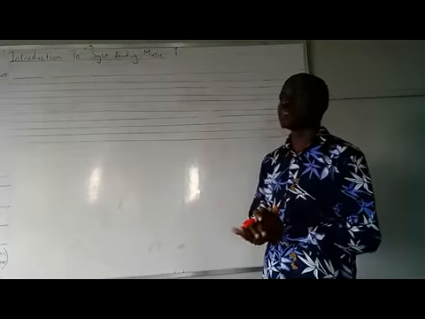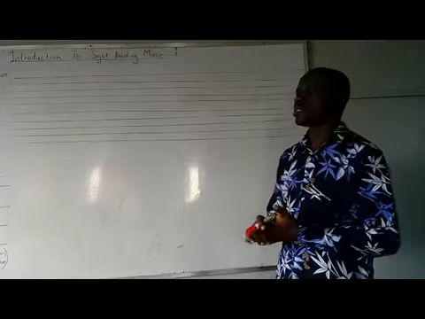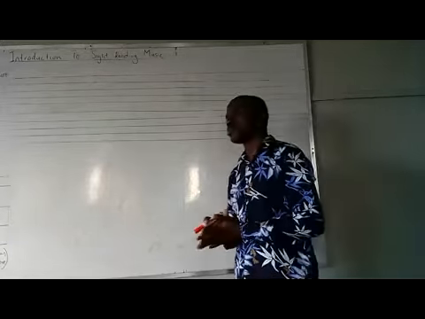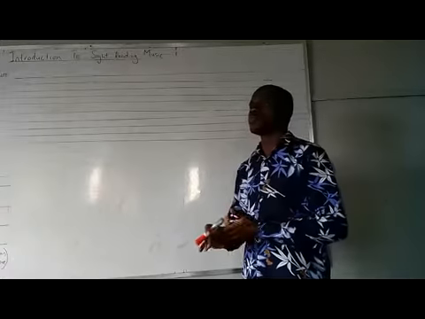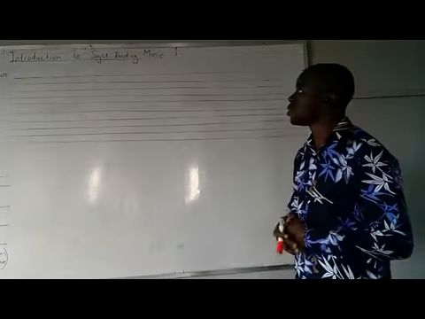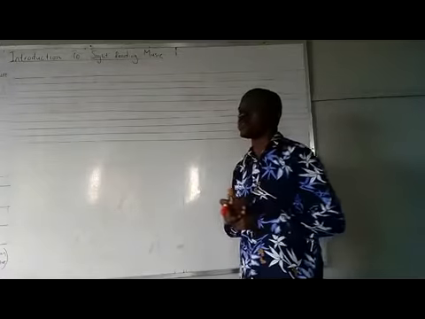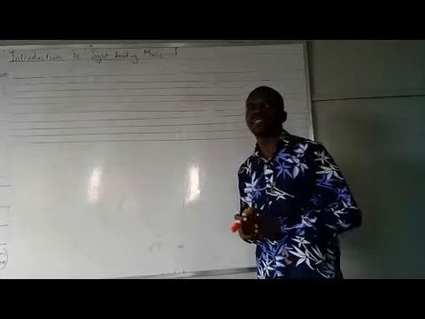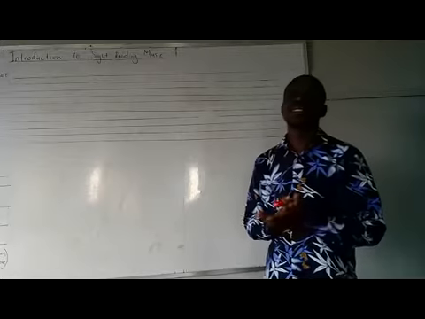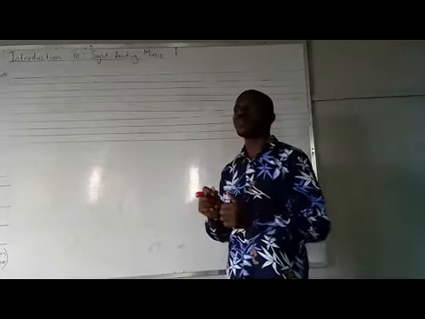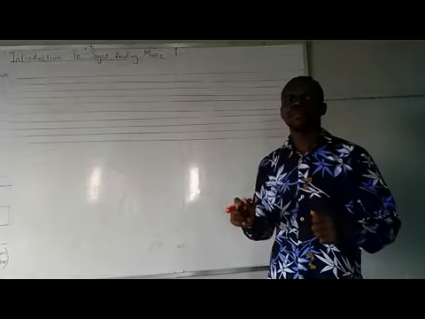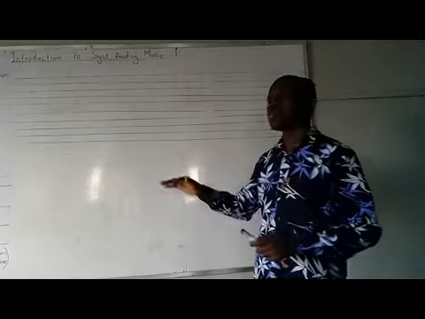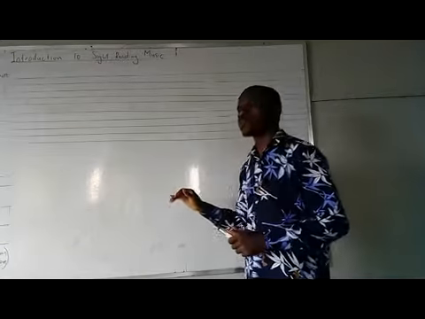So we are going to be learning sight reading in this class, and this is going to be the introduction class. Introduction to sight reading music. In the last class that we had, I sent a particular image to us, and on that image is a score sheet.